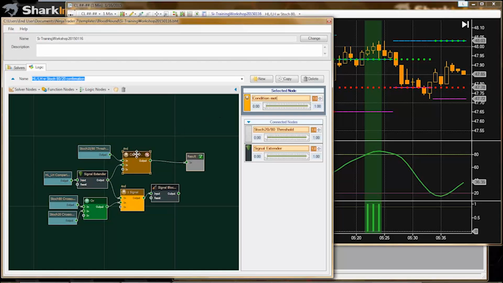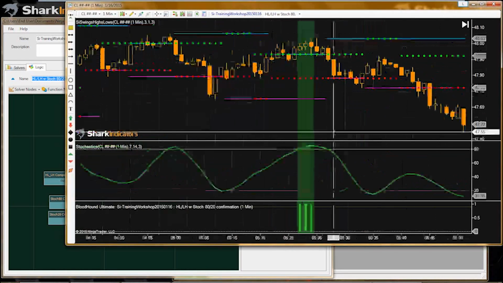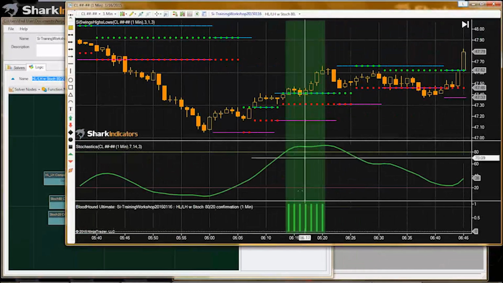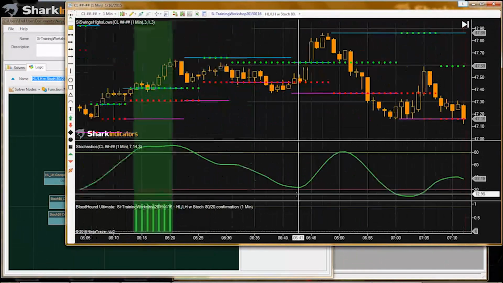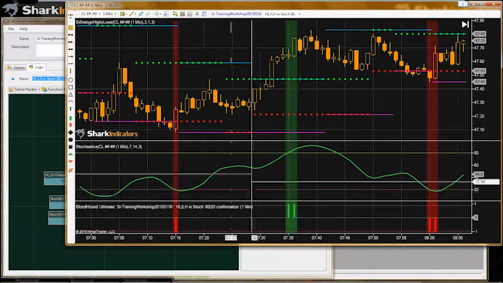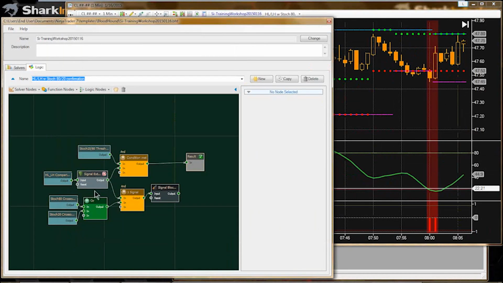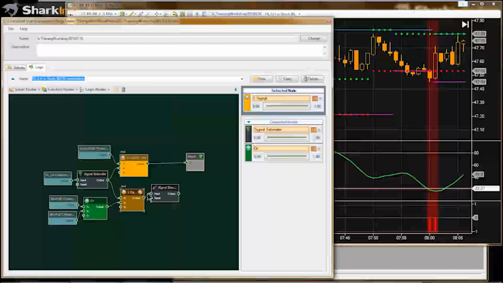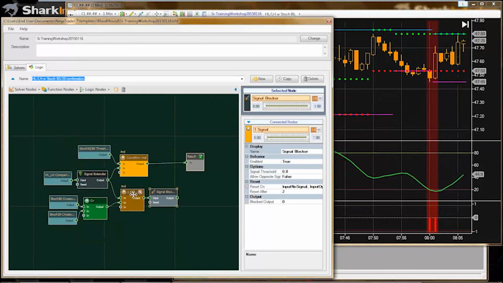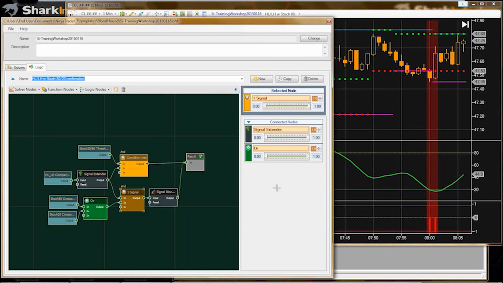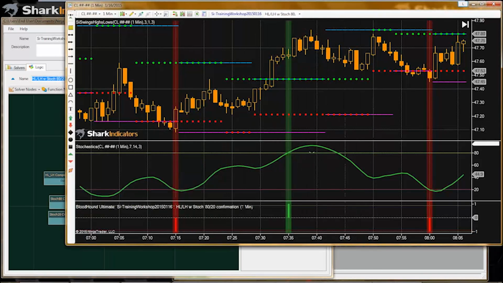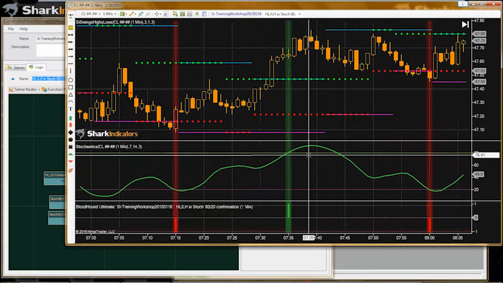Okay, so out of one of these AND nodes, we can see when just the conditions are met. It'll give us as many bars as both the conditions are met. And from this AND node, it's just going to give us a nice clean single one signal. There we go, just like that.